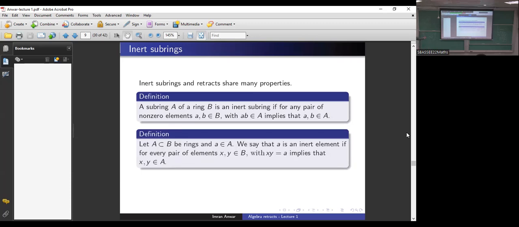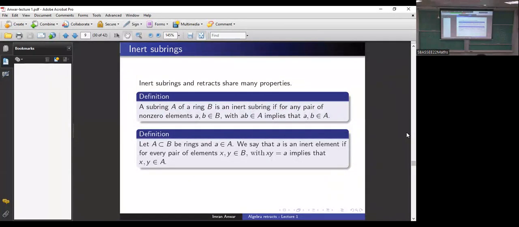Now this is the definition of an inert element. An element a is an inert element if, whenever a equals xy for some x and y coming from B, those two elements x and y are basically in A. In that case, the product element is called the inert element.